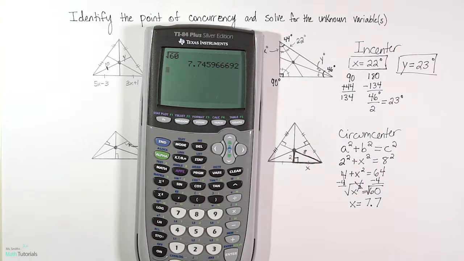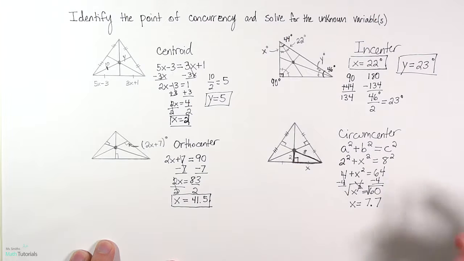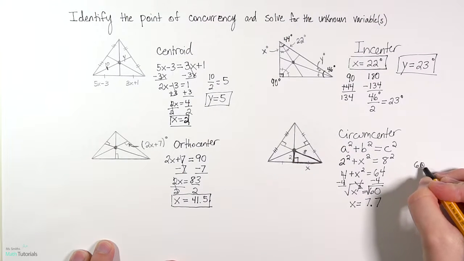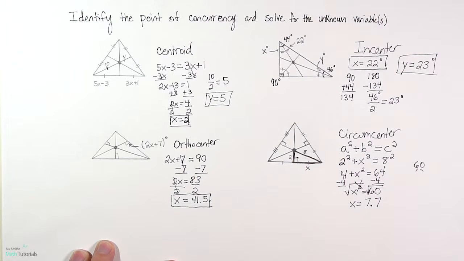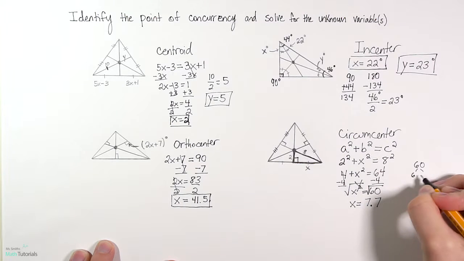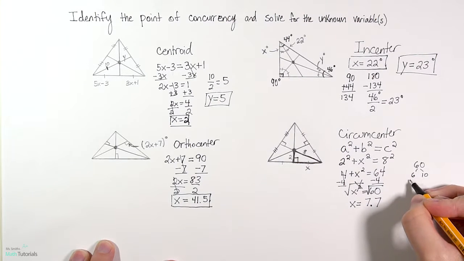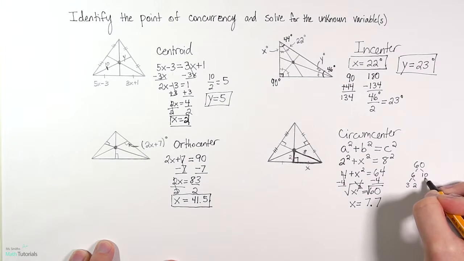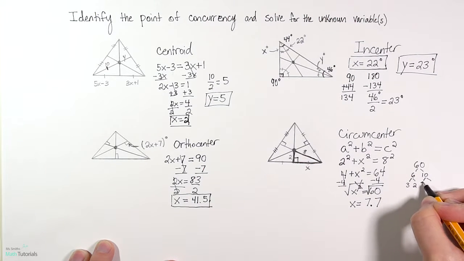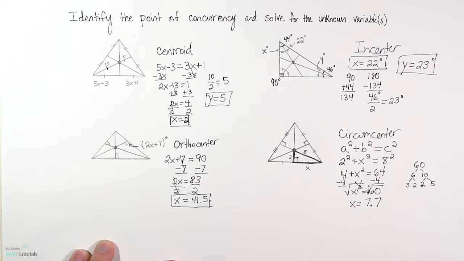If they ask for an exact answer or for a simplified radical, then we're going to have to simplify this radical. Now, we would ask ourselves, okay, what goes into 60? Immediately, I think of 6 and 10. And can I break 6 down any further? Yes, to 3 and 2. Can I break 10 down any further? Yes, to 2 and 5. Remember, it takes a pair to bring out 1 from the radical.